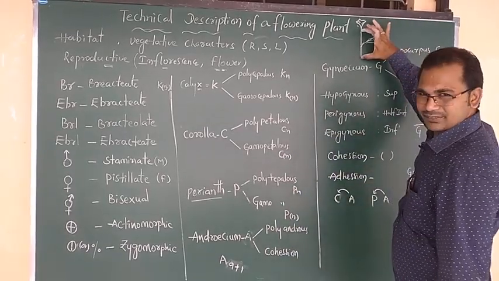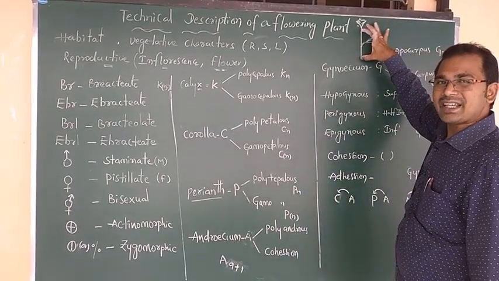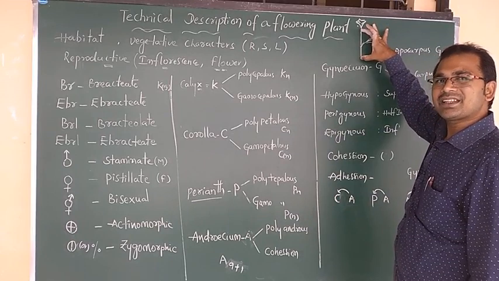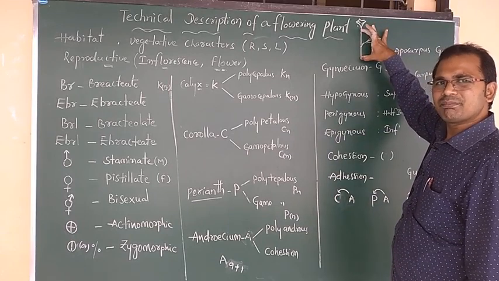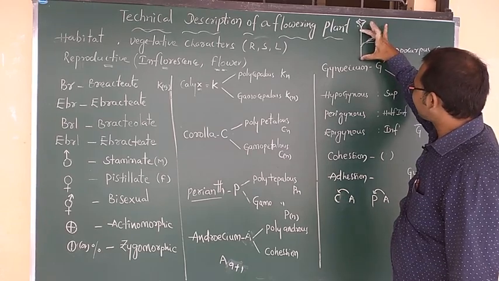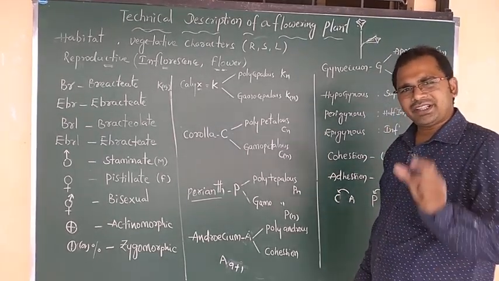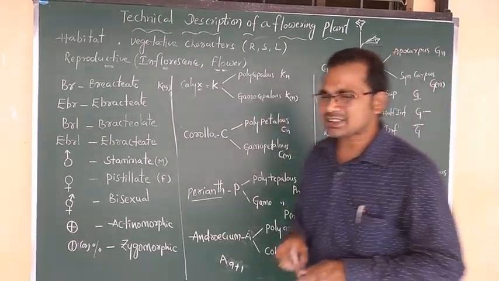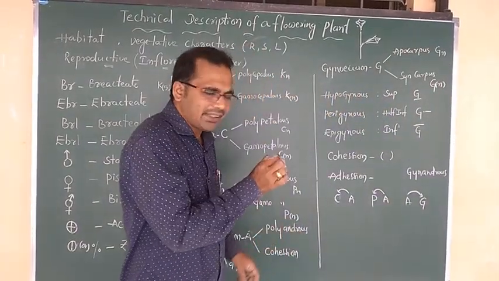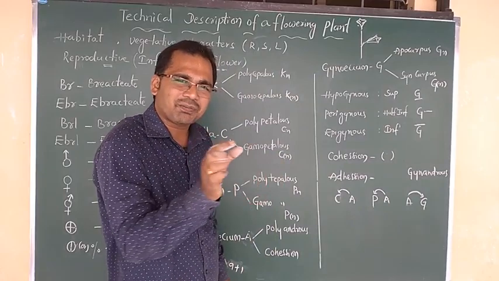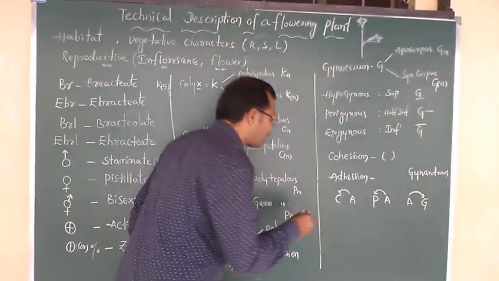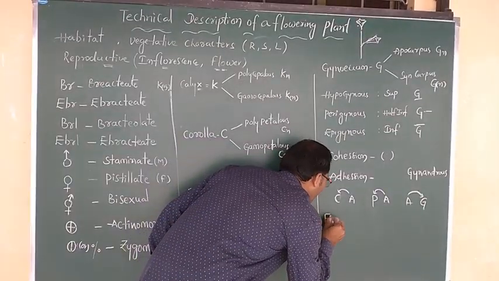Mother axis means this one. This is called flower. With the help of these symbols, we can write a total floral structure, flower structure, that we call floral formula.